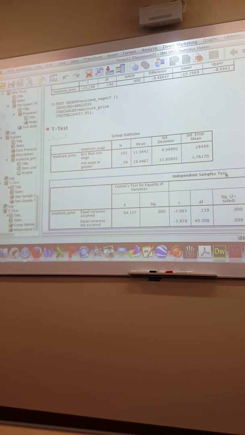But people who get minimum wage or higher work in places where the manicure costs $18.49 on average, right? So here we see this T statistic that's about 4, the significance is less than 0.001. We reject the idea that they are similar. We say they are significantly different. And that's this test in a nutshell.